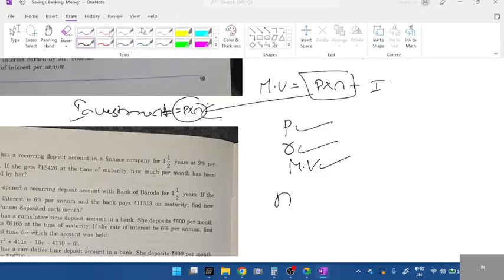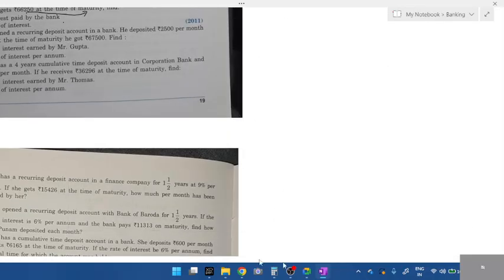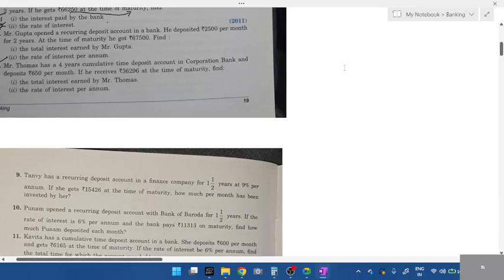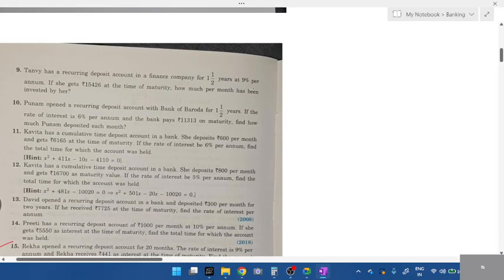Okay, look at the ninth one. These are the concepts we study. Last is N. Ninth question. I'll read out the ninth one. So concentrate when I'm teaching. Tanvi has a RD account. RD account or cumulative deposit account, both are same.